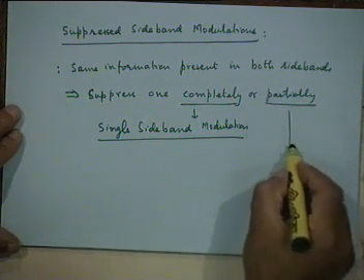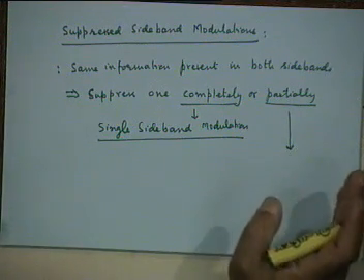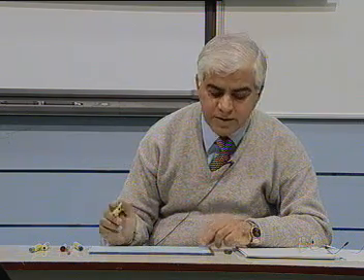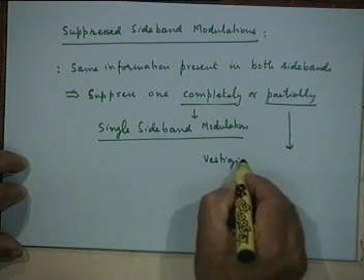When you suppress it only partially, what you typically do is transmit more or less the entire one sideband and a small portion of the other, also called a vestige of the other, and therefore we call that vestigial sideband modulation.